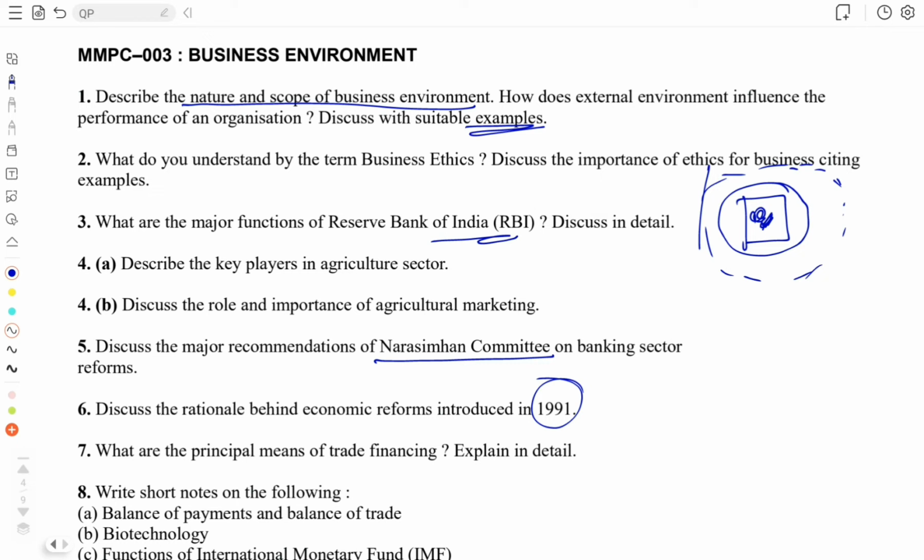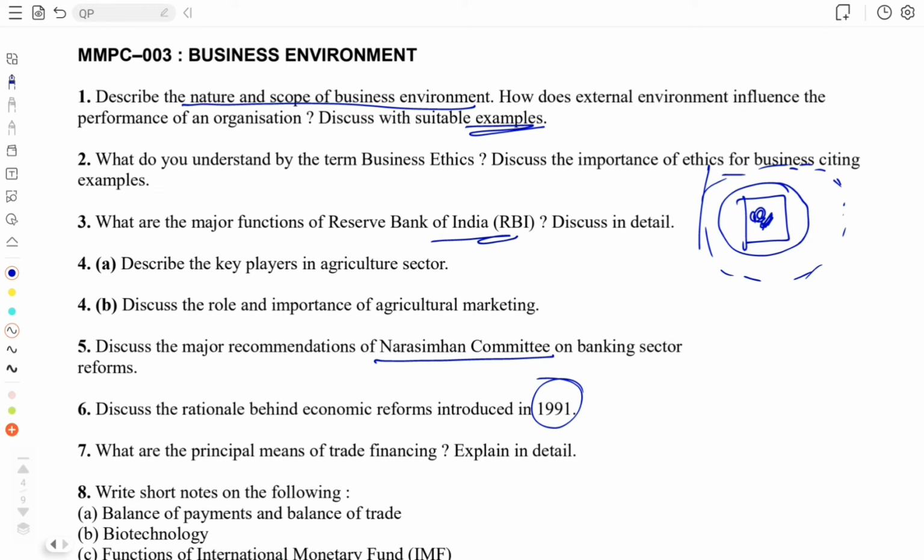Okay, and our textbook actually goes into explaining each of those different forms or means of trade financing, right? And additionally we can have advance payments, letters of credit, bills for collection, all these things.